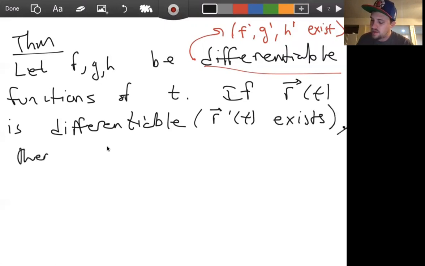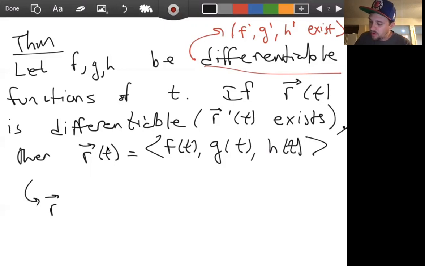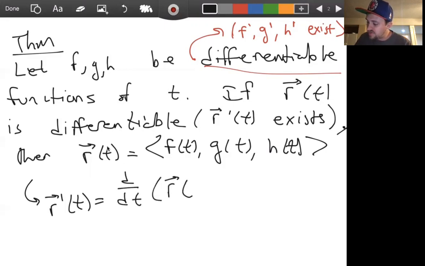Then, so if we write, let's say, r of t is f of t, g of t, h of t, then r prime of t, which is the derivative of r of t, can be expressed component-wise.